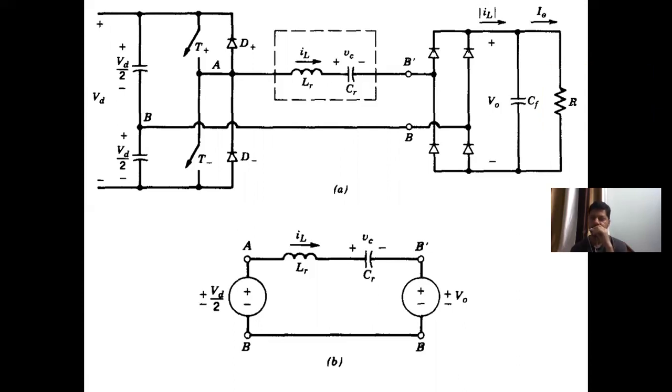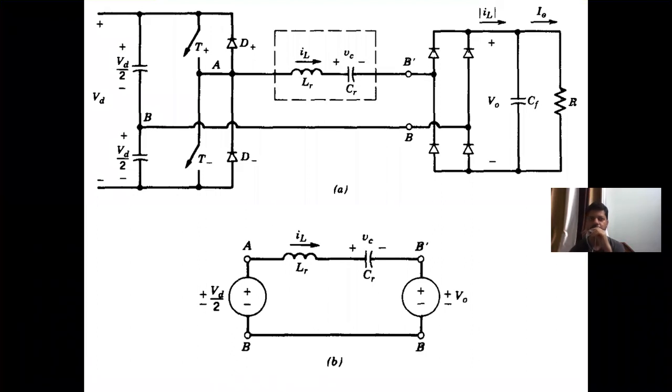The inductor current IL is rectified by this full bridge diode rectifier, and that rectified current feeds the output stage. The filter capacitor CF can be considered to be sufficiently large so that for our analysis, the output voltage may be considered as constant at V0. This is the half bridge resonant DC to DC converter.